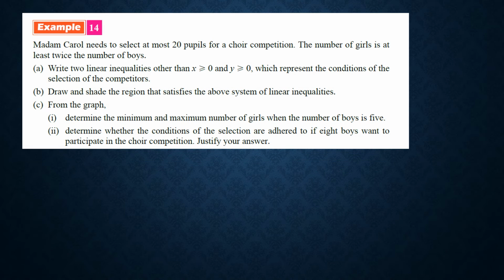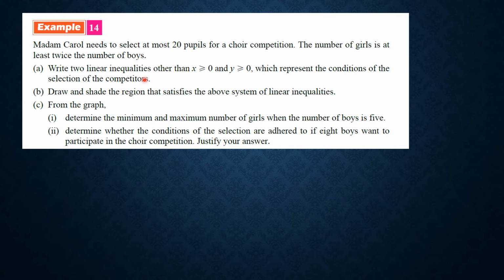Next, we can do example 14. Madam Carol needs to select at most 20 pupils for a choir competition. The number of girls is at least twice the number of boys. Write two linear inequalities, other than x greater than or equal to 0 and y greater than or equal to 0, which represent the conditions of the selection of the competitors.